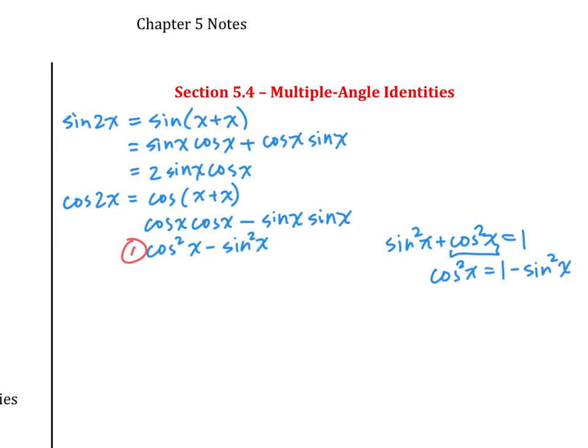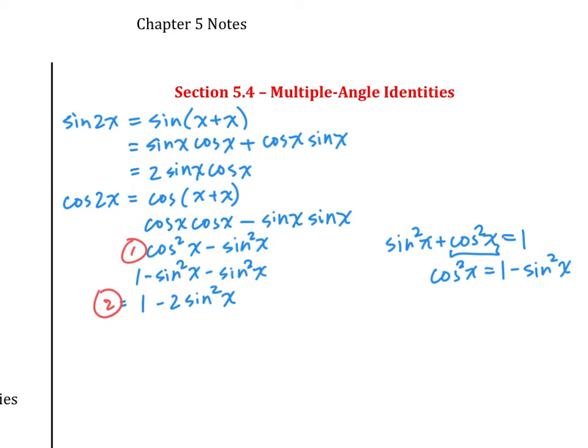So I would replace this cosine squared with 1 minus sine squared. And then this part remains. So then this is 1 minus 2 sine squared. All right, this is my second version of the same formula.